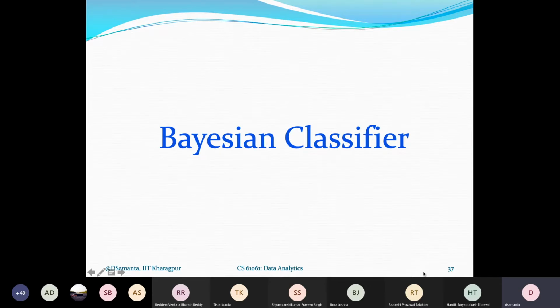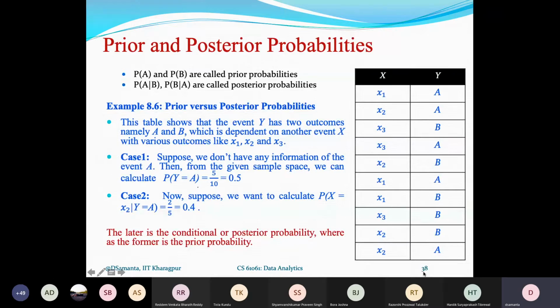Now, the Bayesian classifier considers two types of probability calculations. One is called prior probability calculation, another is posterior probability calculation. We have learned how the probability can be calculated for an event to occur.